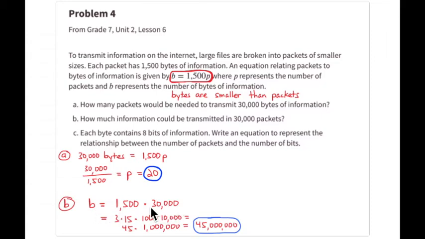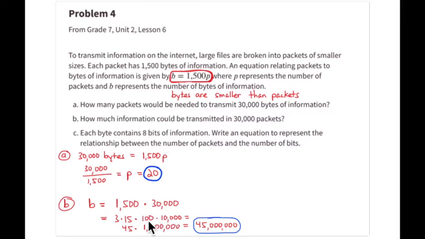So what I did here is I pulled out the 3 times 15. So 3 times 15, this is 15 hundredths, so 15 times 100, and this is 3 10,000ths, so 3 times 10,000. These are called powers of 10.